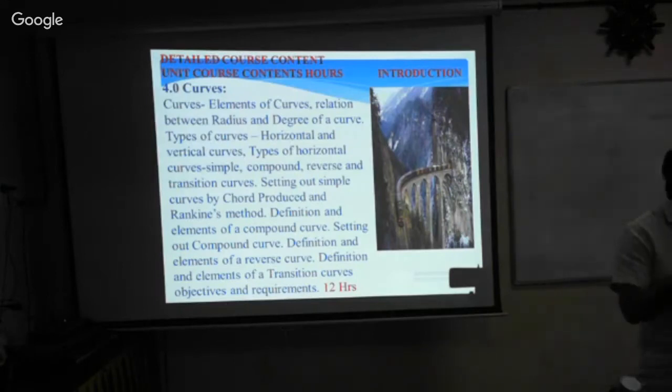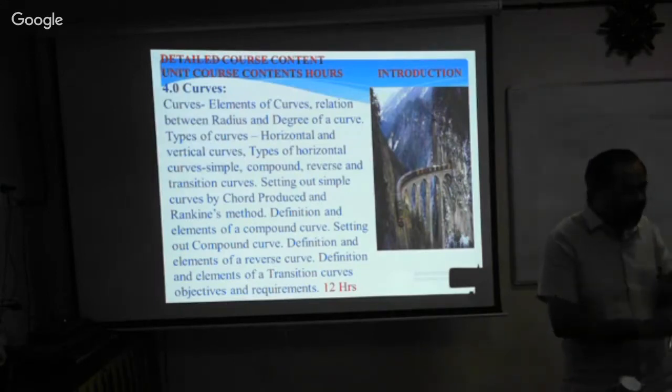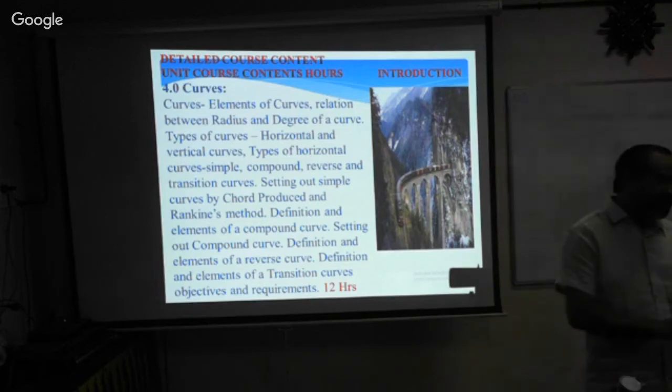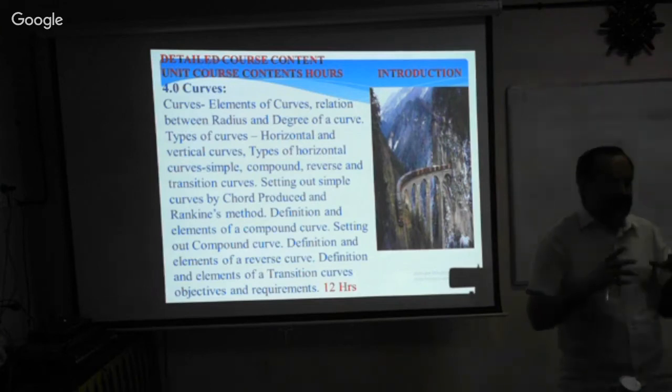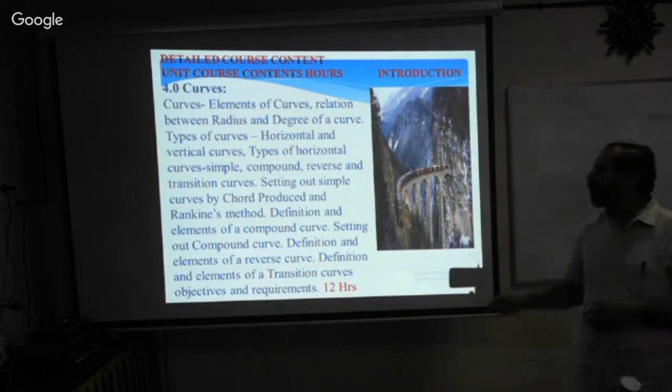Therefore, any road must be designed according to the speed, according to the width, according to the money available. There are many things to be considered while designing a road.